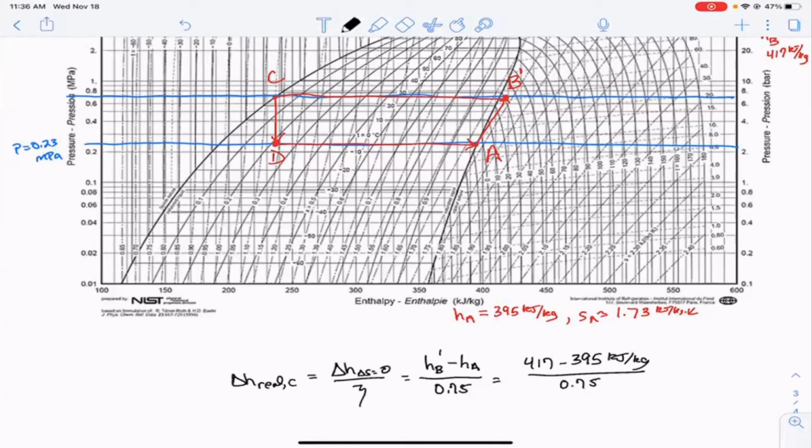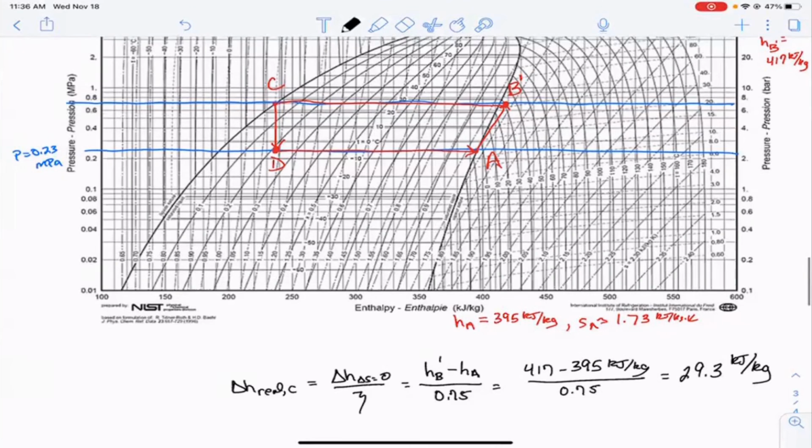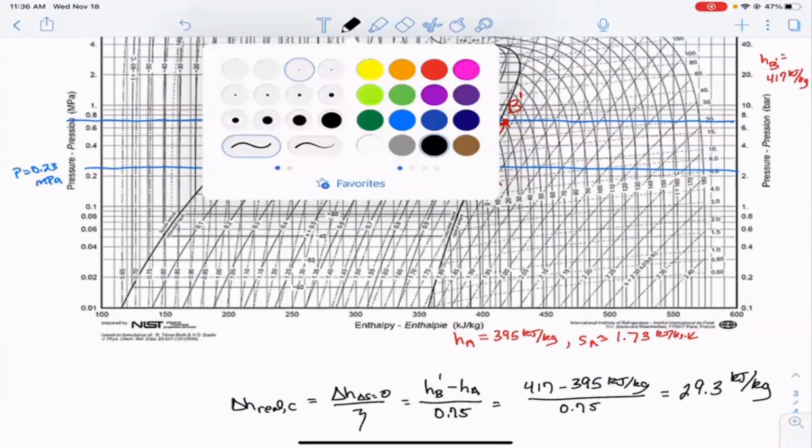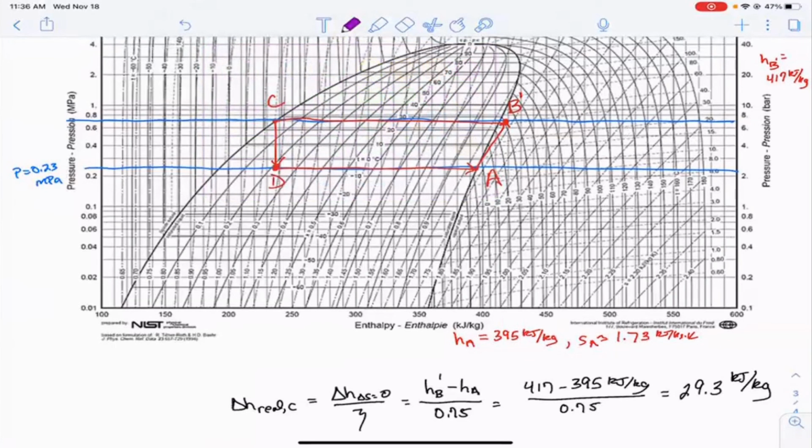And so then our delta H real is like 29.3 kilojoules per kilogram. Okay. And so that value is actually more like here. Okay. So that's really where B is right there in the diagram.